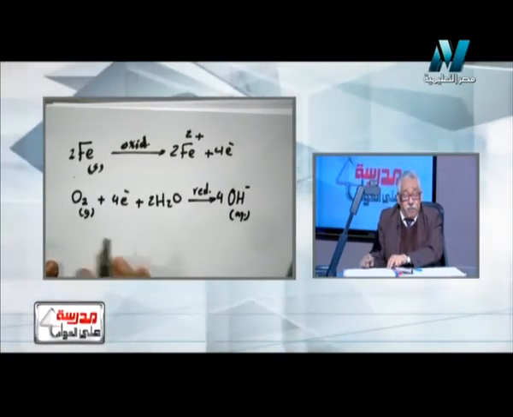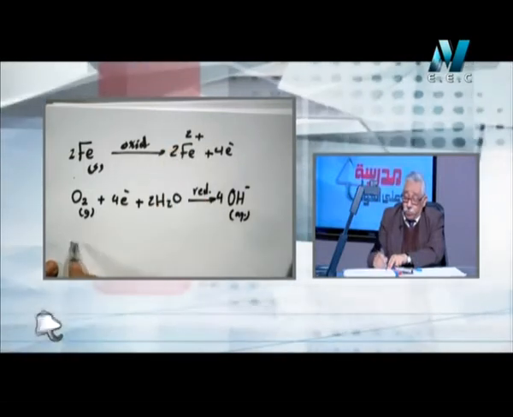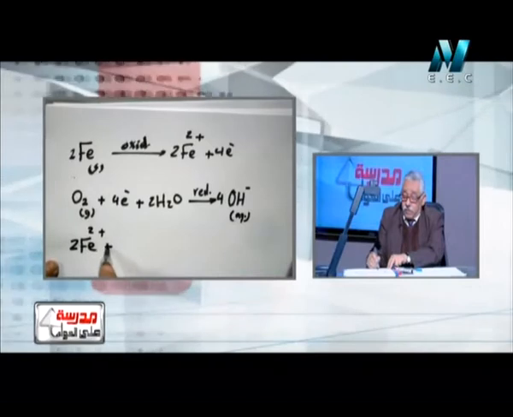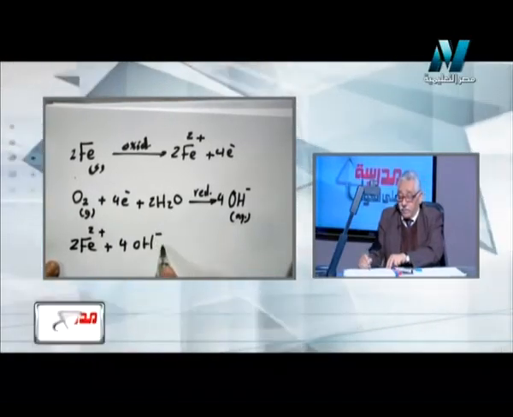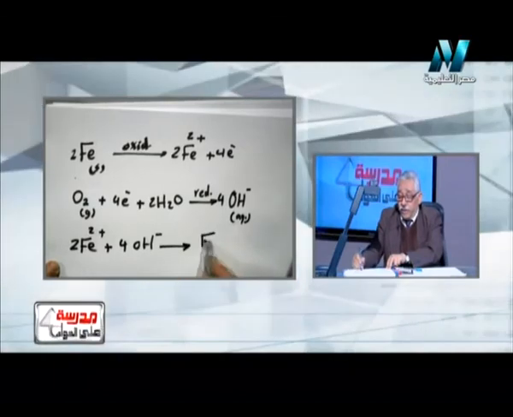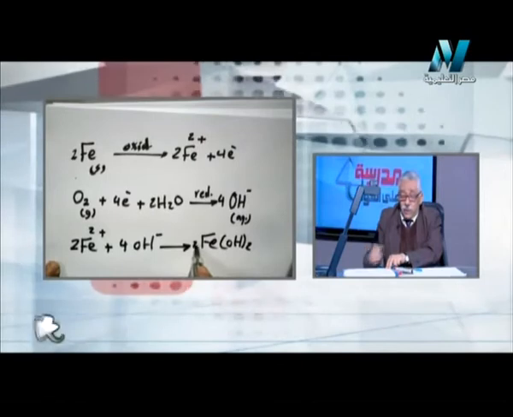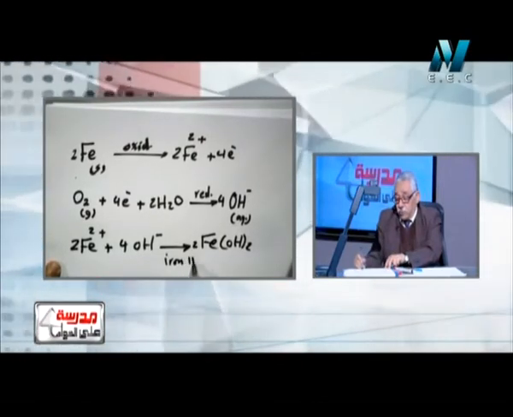Then the Fe positive 2 ion plus 4 OH negative ions combine together to give Fe(OH)2, iron 2 hydroxide.